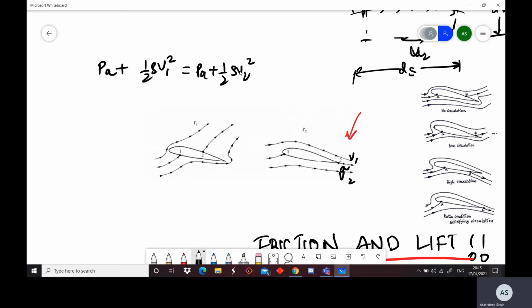This should be satisfied, and from this we easily get V1 equal to V2. So at the trailing edge, the velocities leaving the top and bottom surface are finite and equal in magnitude.